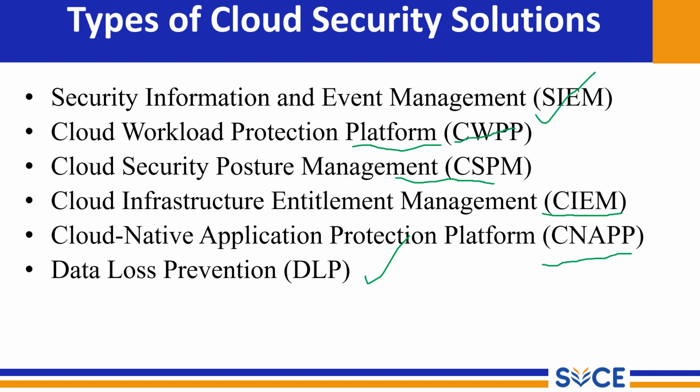The next one is CSPM, that is Cloud Security Posture Management. So CSPM aids in identifying and reducing the risk due to the cloud misconfiguration and policy violations. This CSPM tool continuously monitors the cloud environments to detect the security gaps, the non-compliance, and deviations from the best practices which are followed. And this solution leverages a policy-based evaluation method.